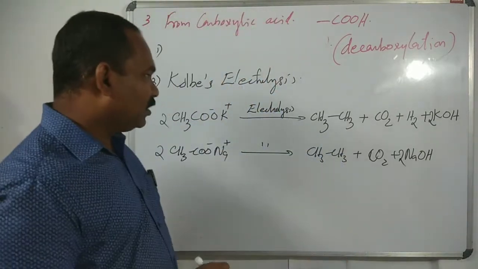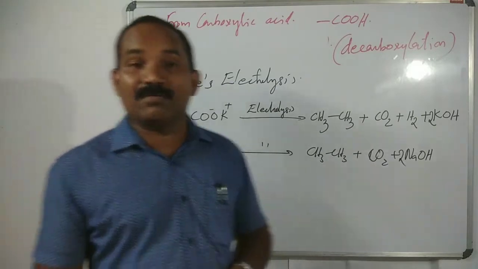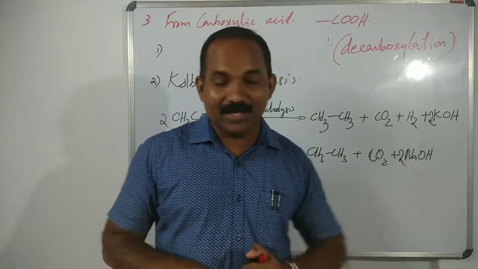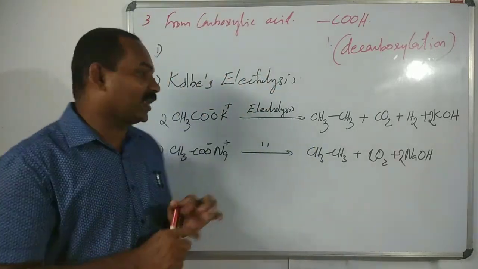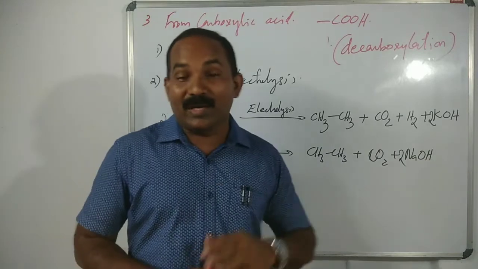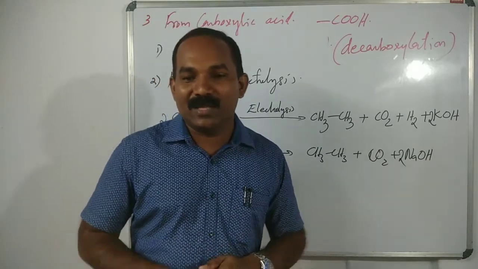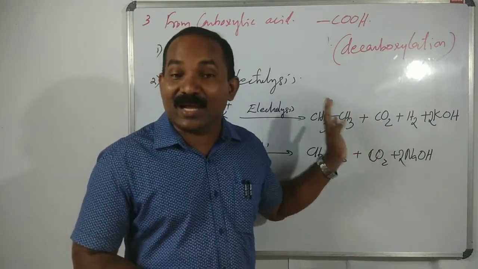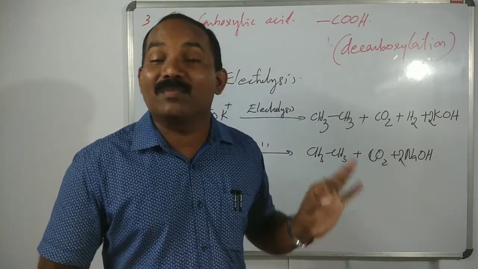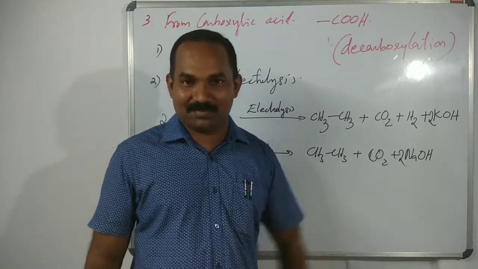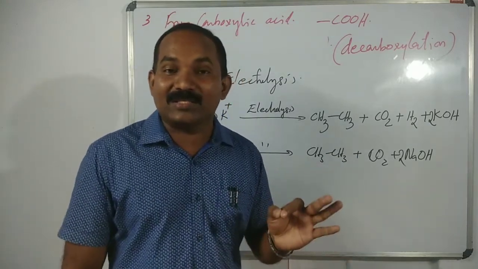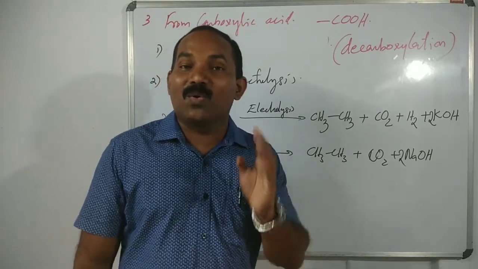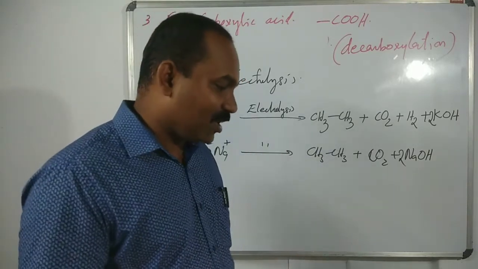This is electrolysis of a sodium or potassium salt of carboxylic acid. Then what is the drawback of this reaction? We cannot synthesize methane or hydrocarbons with an odd number of carbon atoms.